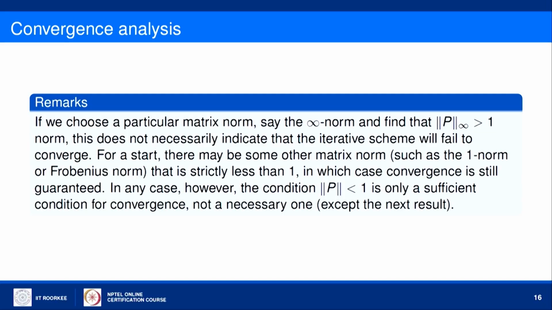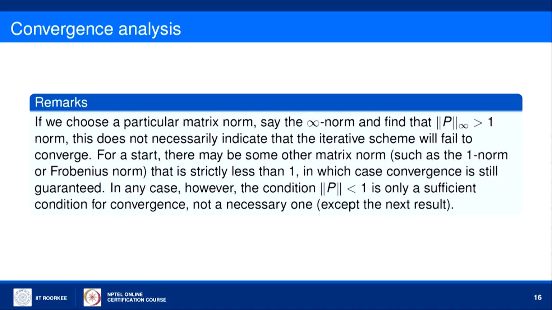Here one important remark I would like to mention, because there are different types of matrix norms. If we choose a particular matrix norm, say the infinity norm, and we find that this infinity norm for the iteration matrix P is greater than 1, this does not indicate that the iterative scheme will fail to converge, because it is a sufficient condition, not necessary, first of all.